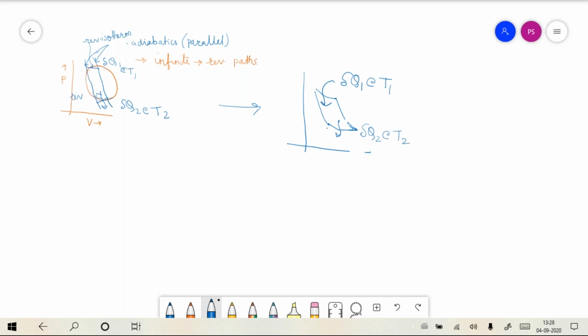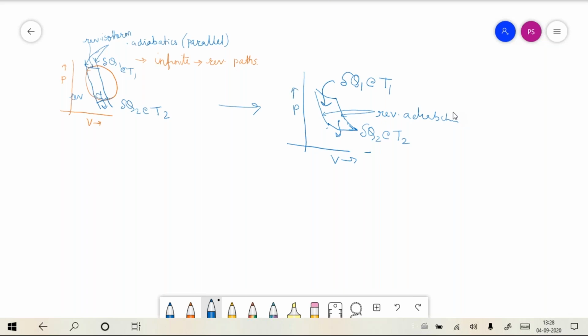And the other two processes are reversible adiabatics. So this is sort of a P-V representation.